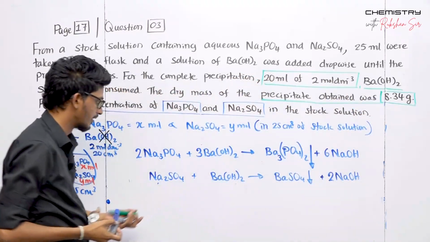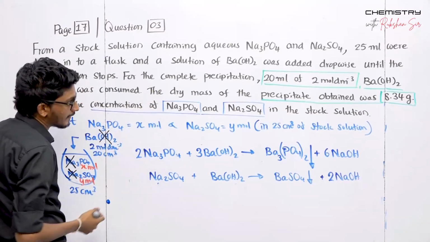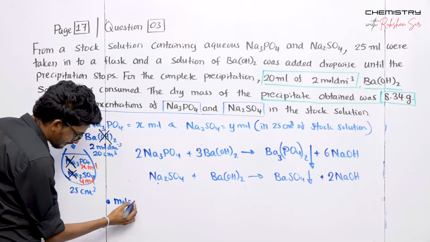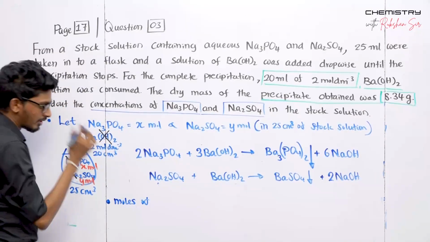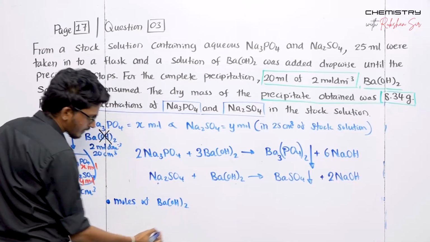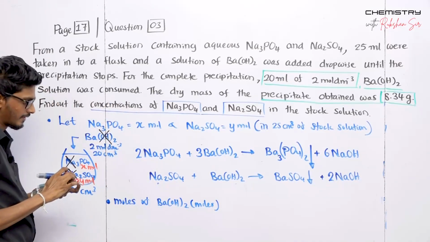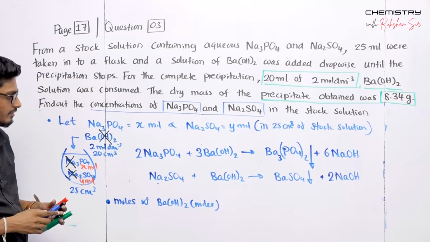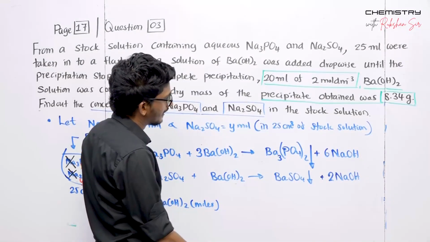So let's write the two simultaneous equations. The first one is for the number of moles of barium hydroxide. First of all you need to come up with it in terms of x and y, and at the other side you need to write the data point.